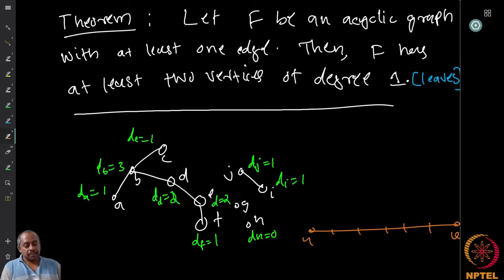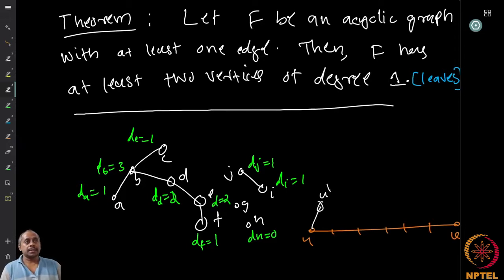Now, what can we say about the degree of u? I claim that the degree of u cannot be more than 1. It has to be exactly equal to 1. Why is this? If you look at the vertex u, suppose it has any other neighbor, let's say u dash.